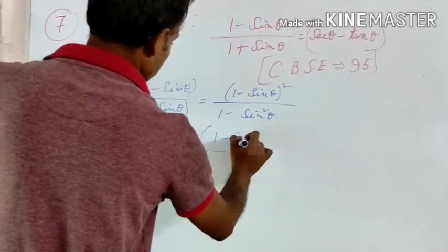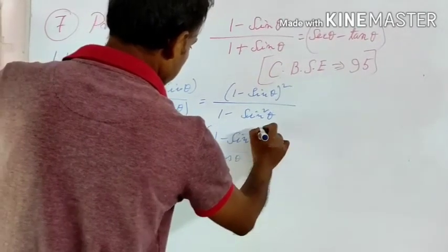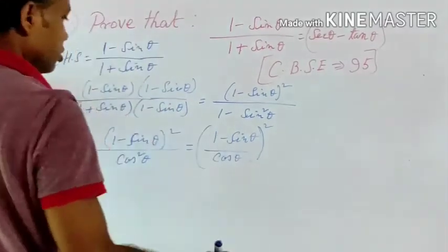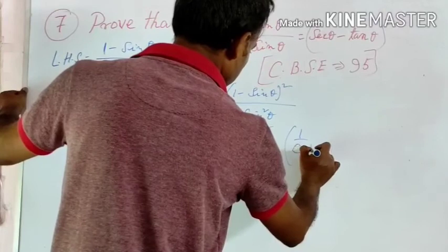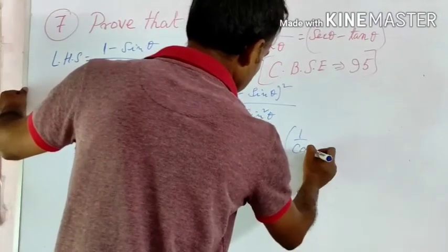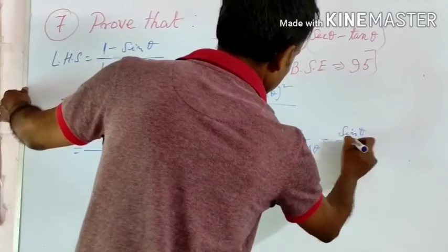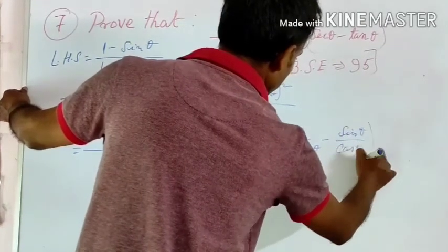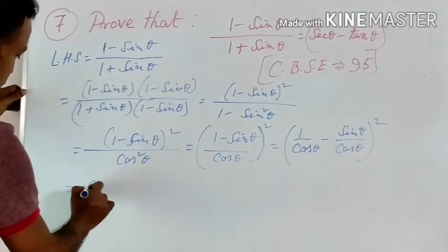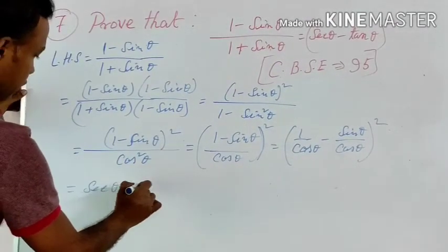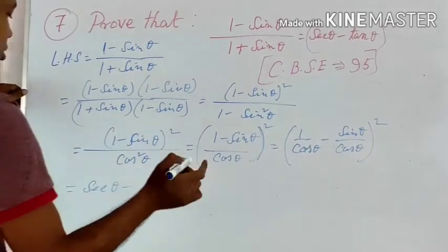1 minus sin square theta is equal to cos square theta, so this is 1 minus sin theta by cos theta whole square, which is equal to 1 by cos theta minus sin theta by cos theta whole square. 1 by cos theta is equal to sec theta, and sin theta by cos theta is equal to tan theta.